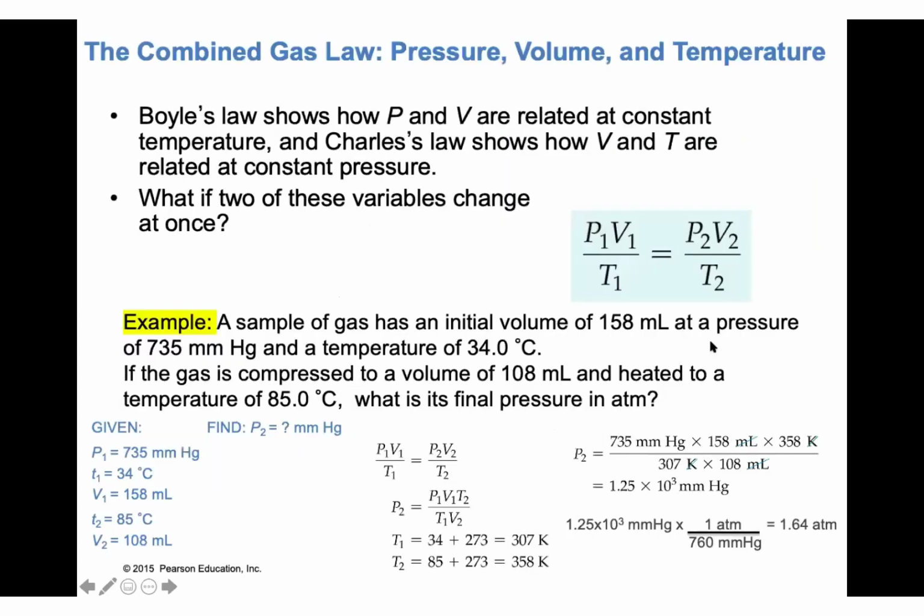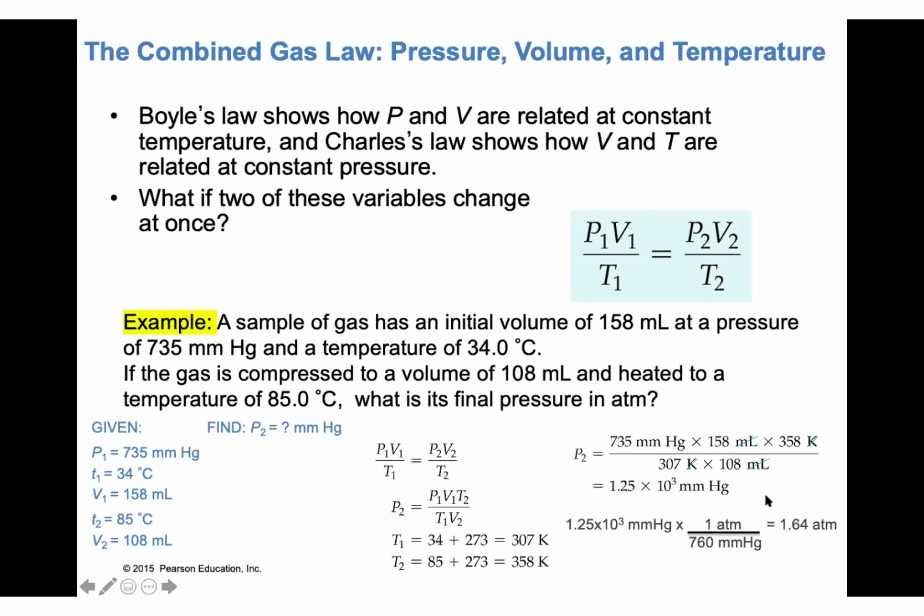So I'm going to put it here, and this is going to be my 1.64 atmospheres. You can see that my P1 was 735 millimeters of mercury, but my P2 is 1.25 times 10 to the power of 3 millimeters of mercury, and P2 in atmosphere is 1.64.